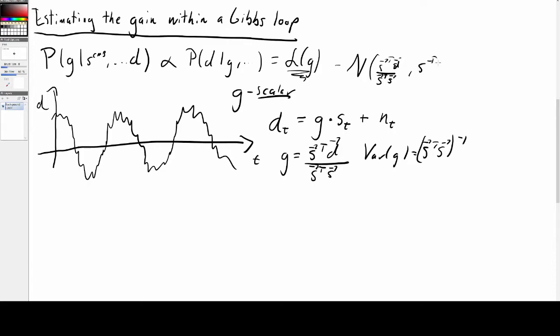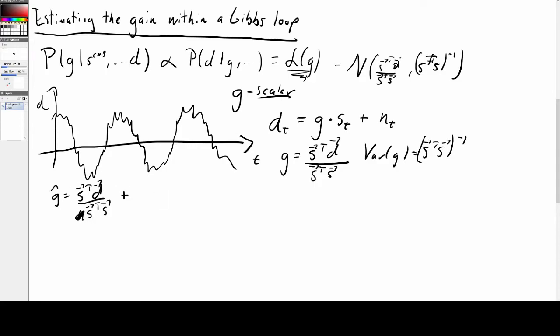So that is our variance. That means we can draw a sample by, if we call our sample G hat, it's given by S times D divided by S squared, which ensures that we get the correct mean. You should have seen this in a previous lecture.